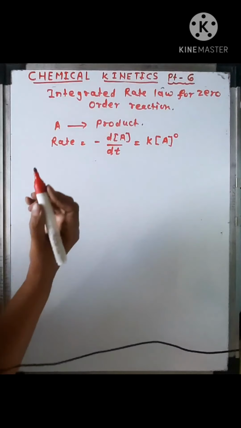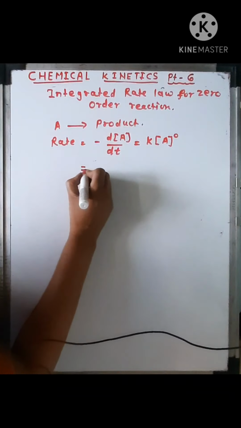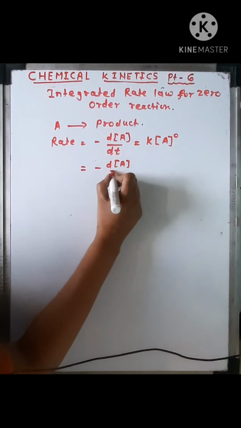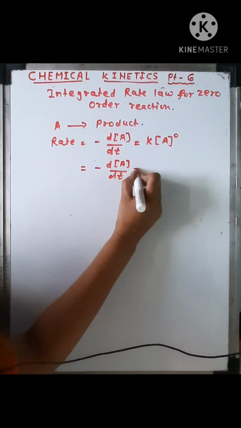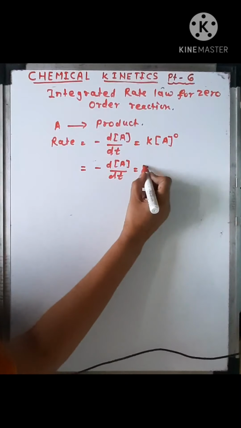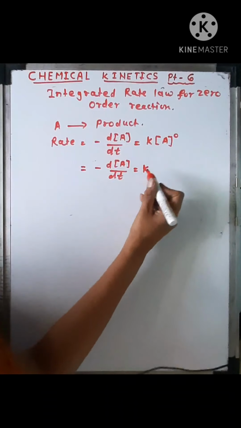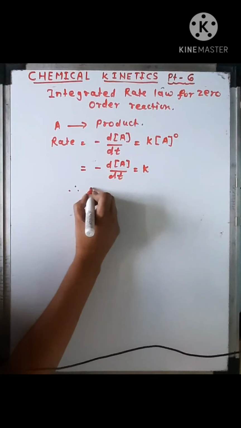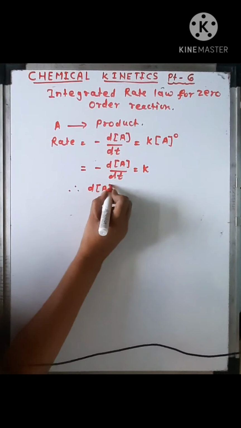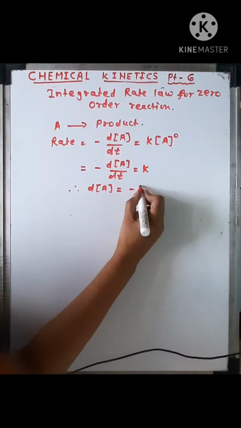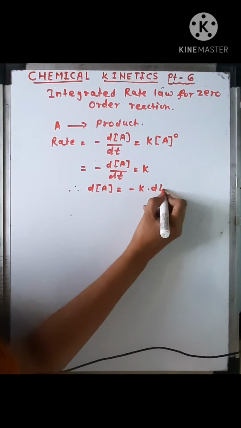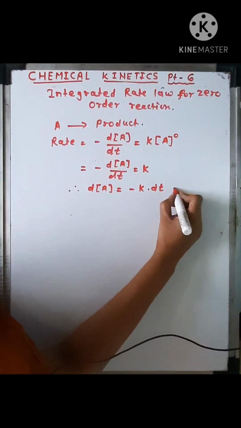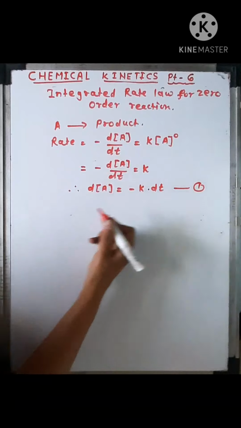A raised to 0 is 1, so minus dA upon dt is equal to K, and therefore dA is equal to minus K into dt. This cross multiplication is equation 1.